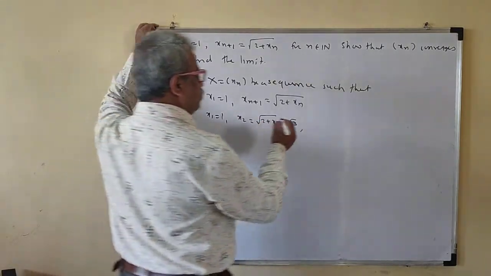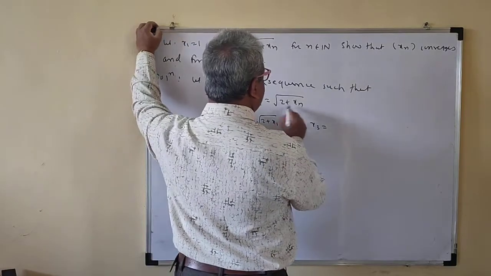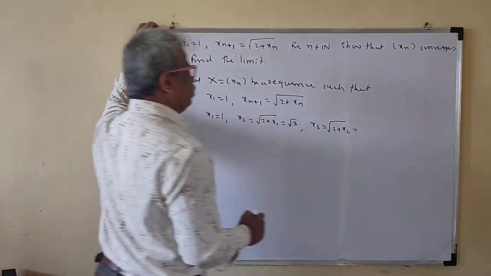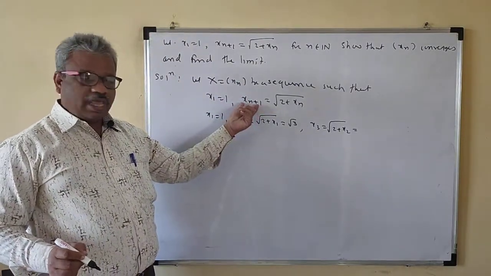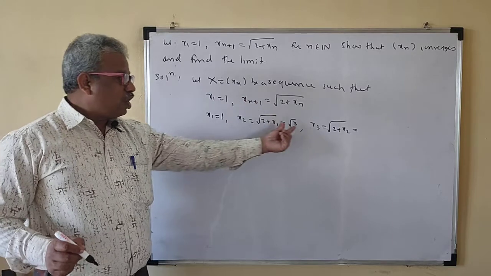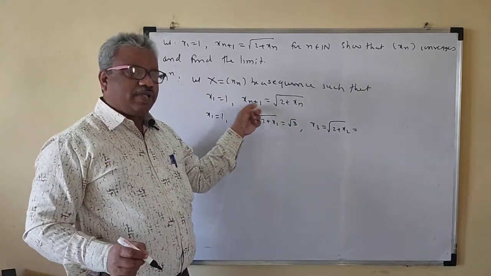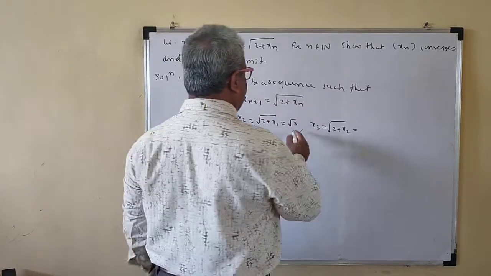We'll find x3 also. So x3 means what? We have to put n is equal to 2 in xn plus 1 so that you will get x3 here. So this is root of 2 plus x2, and x2 is root 3.